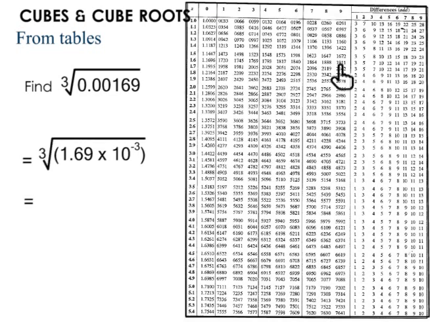Cube root of 1.69 is 1.1911. That of 10 raised to power negative 3 is 10 raised to power of negative 1. So we have 1.1911 times 10 raised to power negative 1, or simply 0.11911. Notice that while negative numbers have no square roots, they do have cube roots. Good luck with cubes and cube roots.